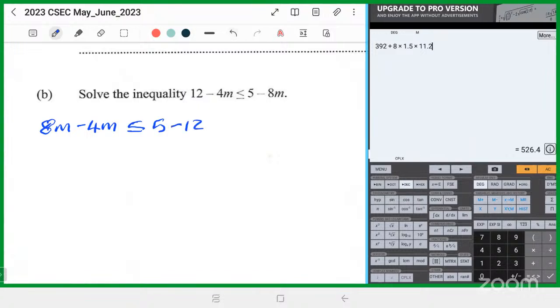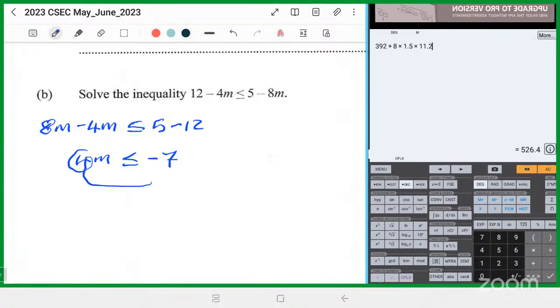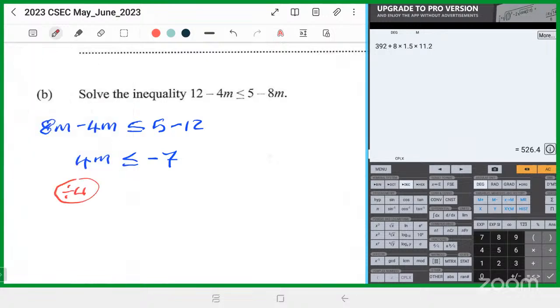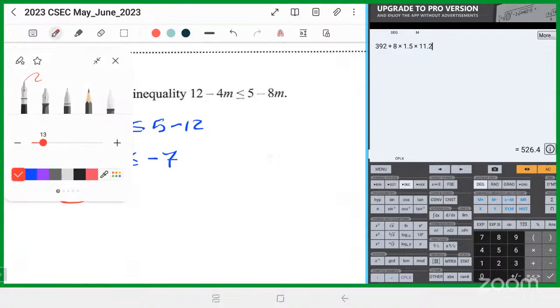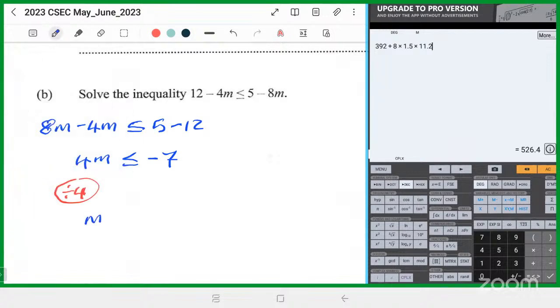So far so good. Then 8M minus 4M is 4M, less than or equal to negative 7, because 5 minus 12 is negative 7. Then I just divide by the 4. I'm dividing with a positive number, so I don't need to reverse the sign. So I get M less than or equal to negative 7 over 4.